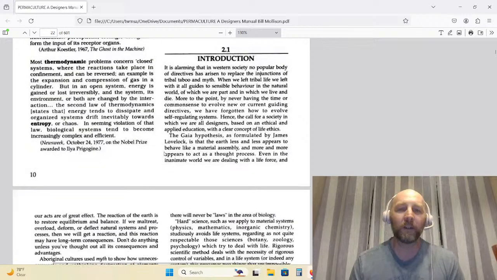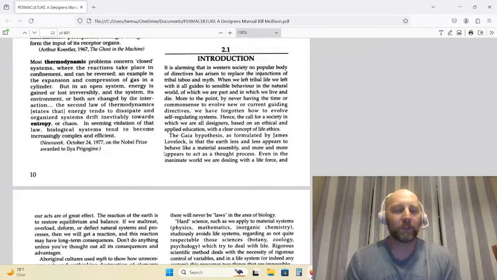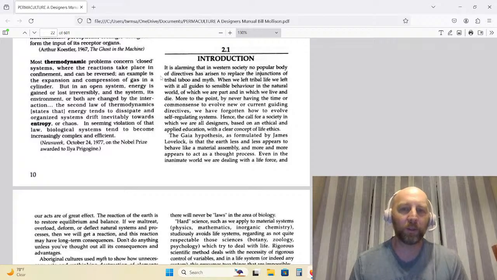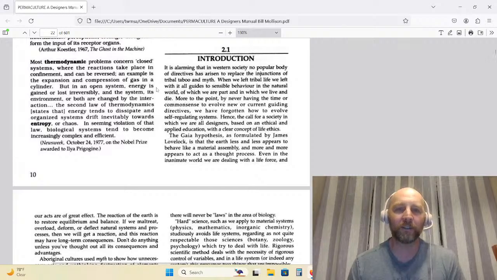Here we go. Let's get to the meat of the matter here. 2.1, here's the intro. It is alarming that in Western society no popular body or directives have arisen to replace the injunctions of tribal taboo and myth. When we left tribal life, we left it with all guides to sensible behavior in the natural world, of which we are part and in which we live and die.